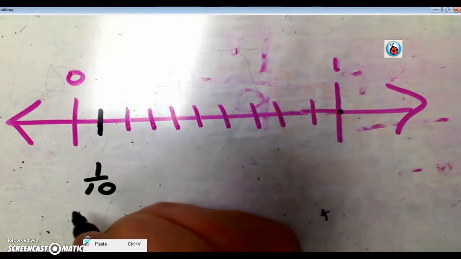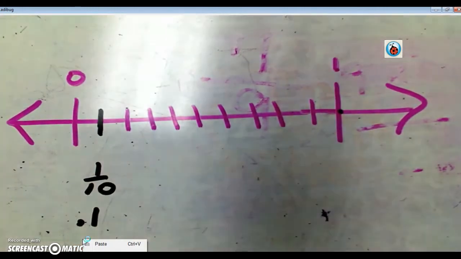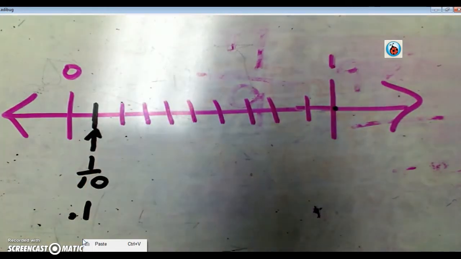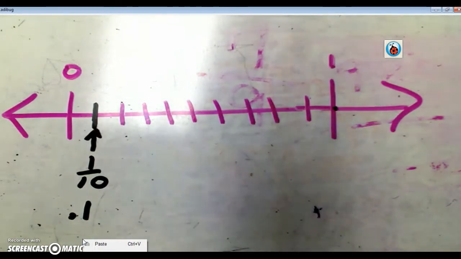Yeah, 0.1. Okay? So what you have to understand, that first line, I could write that as 1 over 10 as a fraction, or I could write it as 0.1. I know some of you are like, okay, yeah, I've known this for a while. Okay, that's fine, but it's not going to ever hurt you to hear it again.